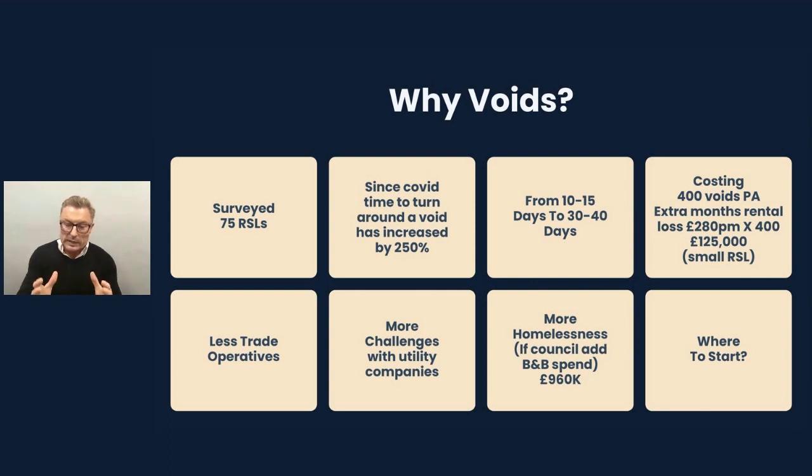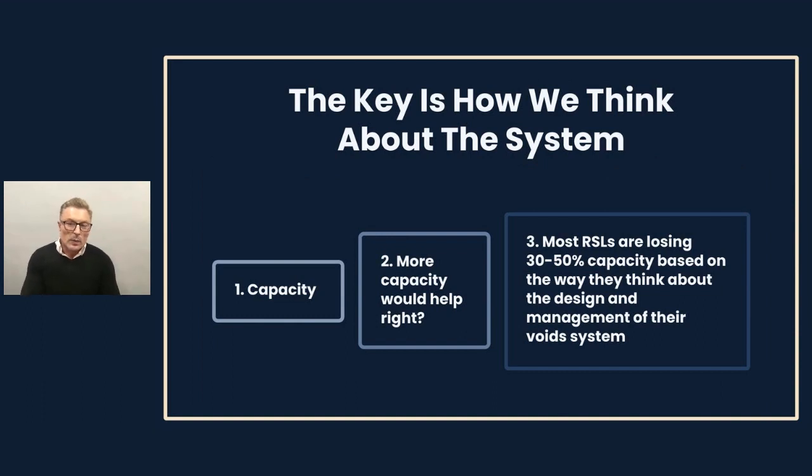So let's say you've got this problem. Where do you start? The key is, how do you think about the system? If you're a leader, where is the point that you're going to stick the lever in to get the biggest amount of change? Well, the big issue is capacity. Would you agree that if you had unlimited or more capacity, that would help?